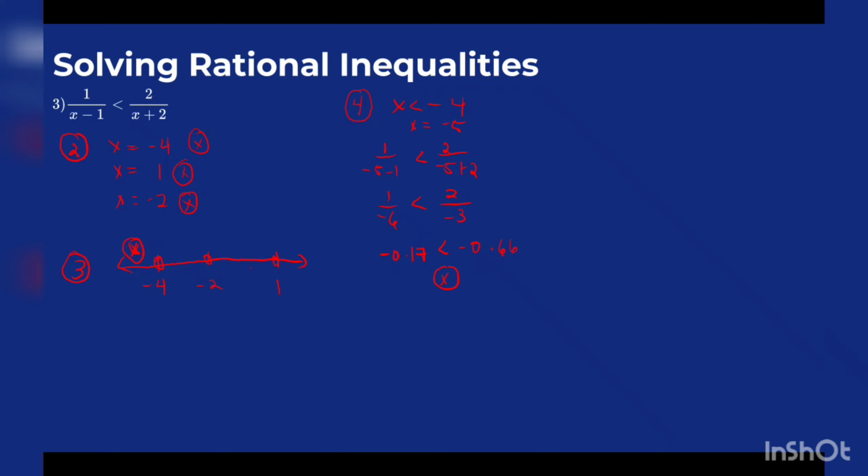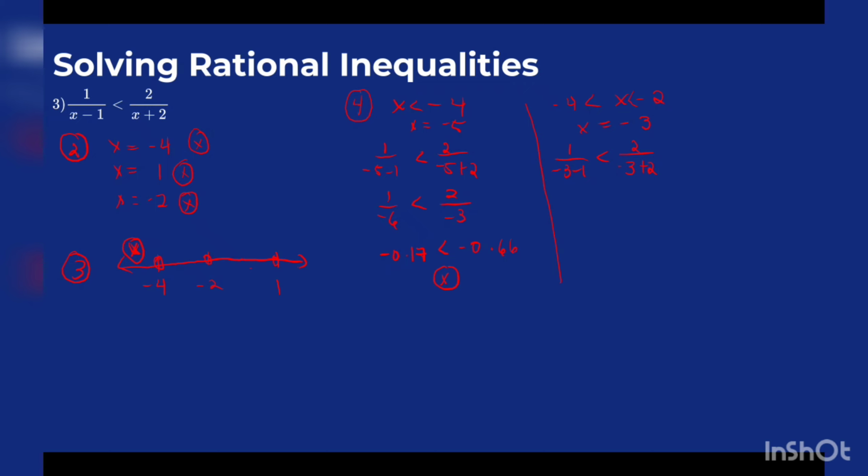For the second one, we have numbers between negative 4 and negative 2. So negative 4 is less than x and x is less than negative 2. So let's try x equal to negative 3. So that's 1 over negative 3 minus 1 less than 2 over negative 3 plus 2.